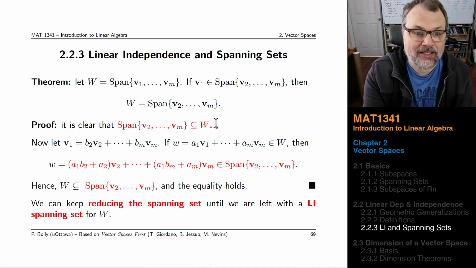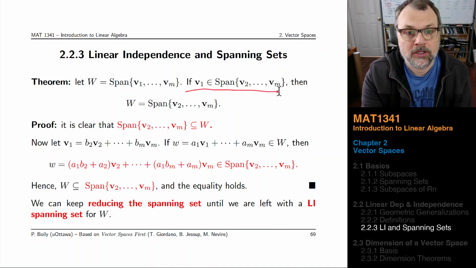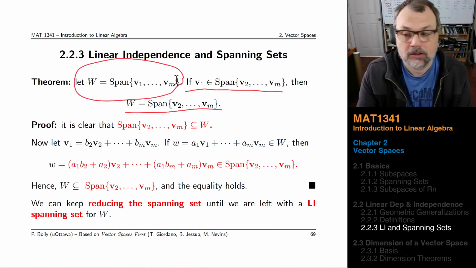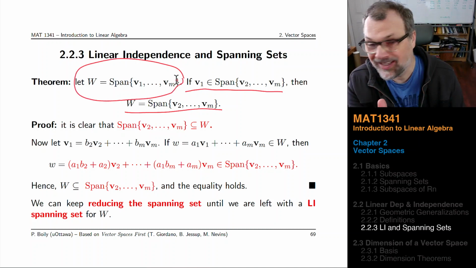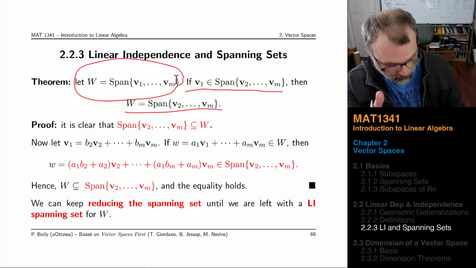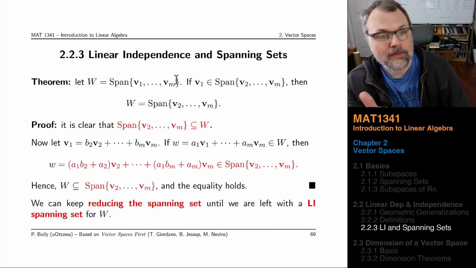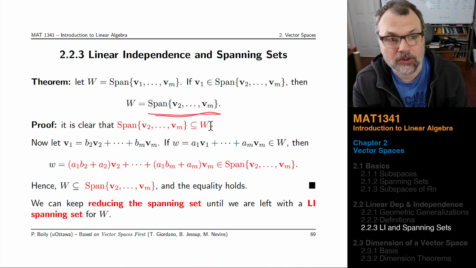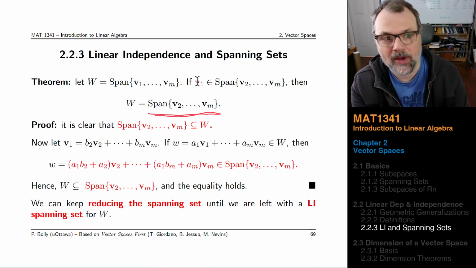It's a statement that says that if the hypothesis holds, then the conclusion holds, assuming the givens of the problem. So I claim that it is clear that the span of the remaining vectors v2 to vm is contained in W. It is clear because W is the span of v1 and the remaining vectors.